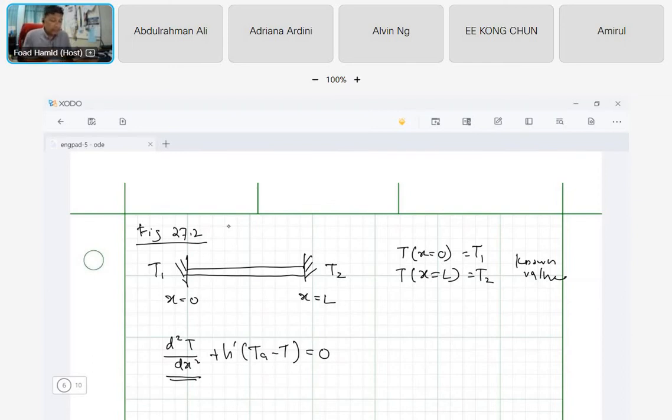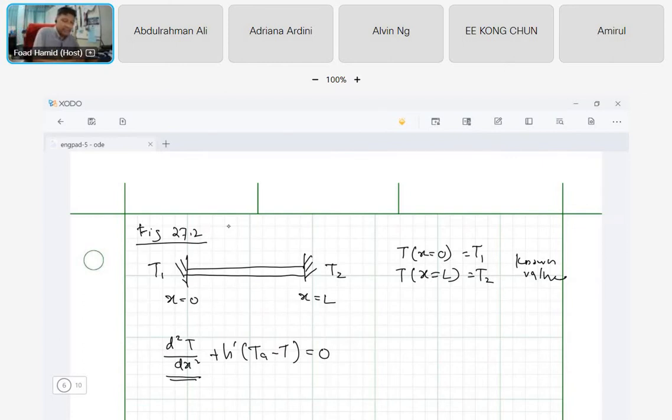So how do we solve this kind of problem? Note that this is not the same one as before, because the nature of the problem is not the same.